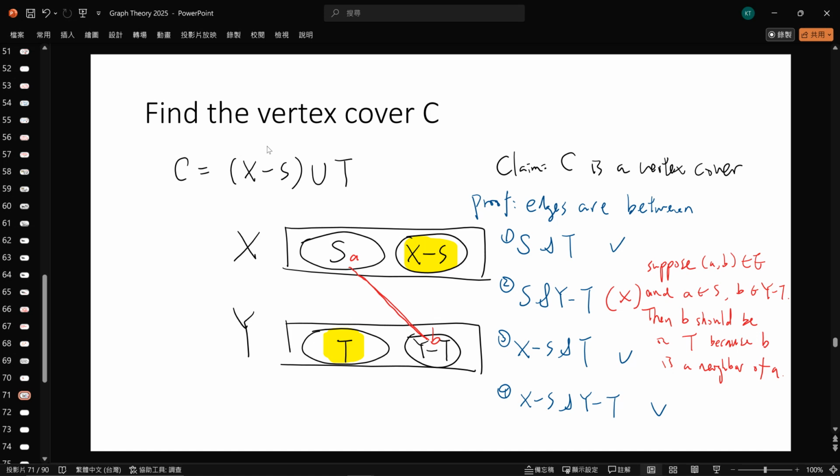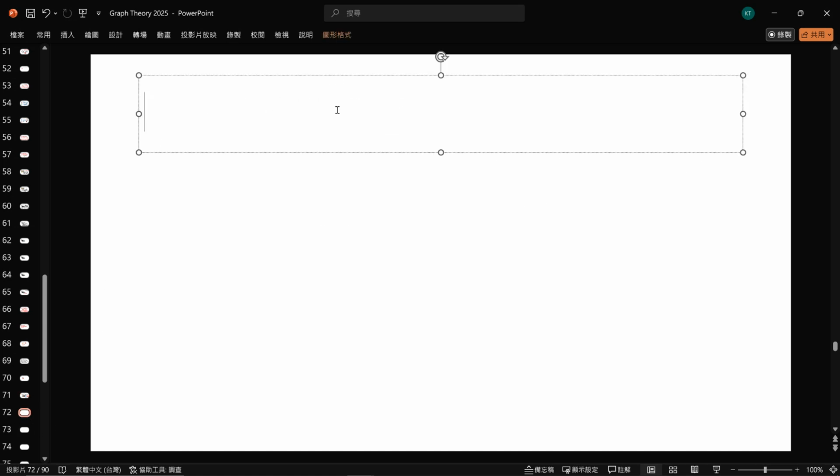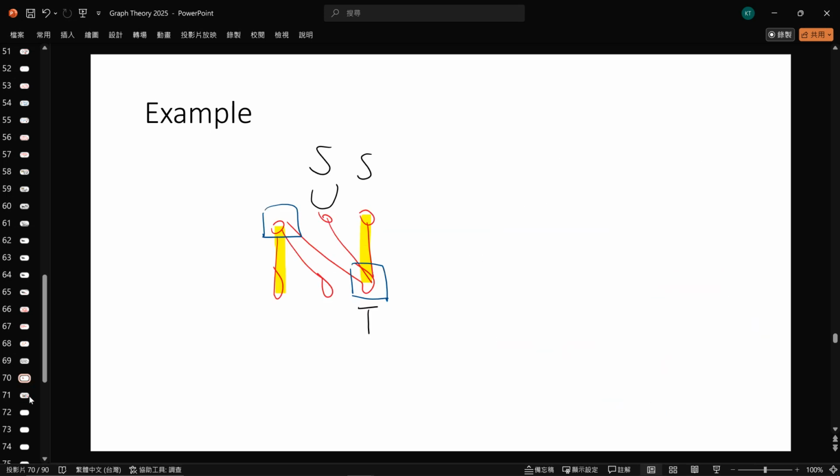But then we're not done yet. We have to show that the size of this vertex cover, C, is equal to the size of the matching M. So in this example, we can see that the size of the matching is 2 and the size of the vertex cover is 2.